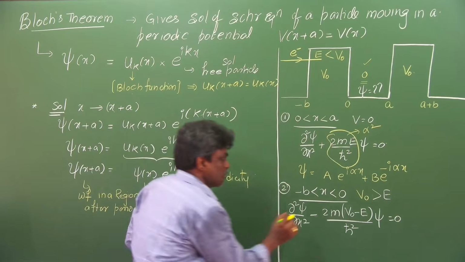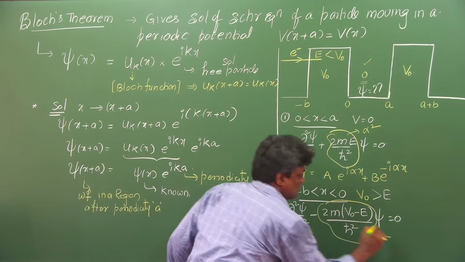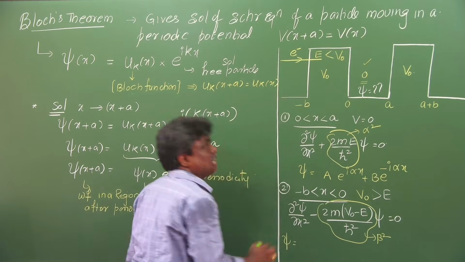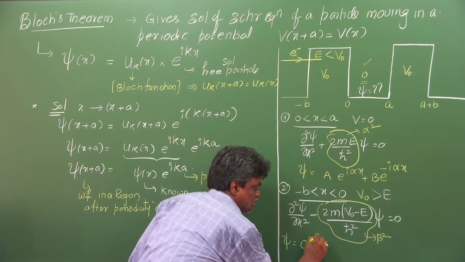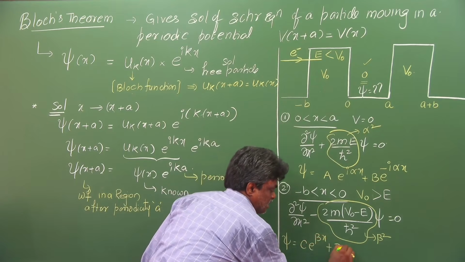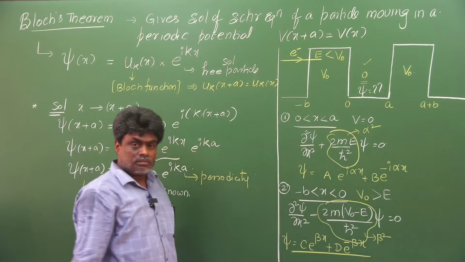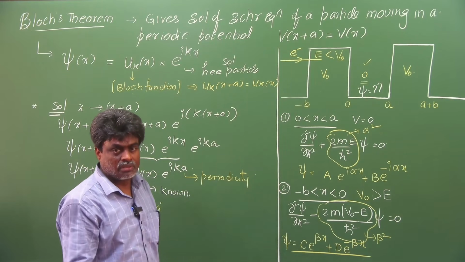Now I am assuming this entire thing as beta square. Then the solution, exponential or sinusoidal? psi equals C e raised to beta x plus D e raised to minus beta x. Now your doubt is clear? This is the solution.